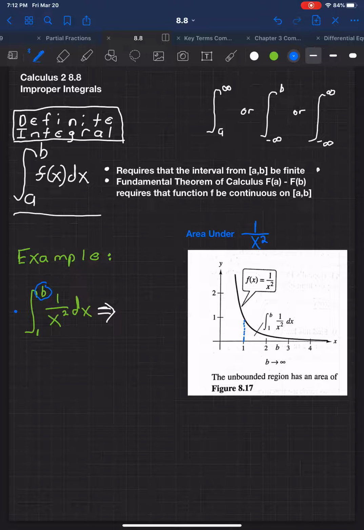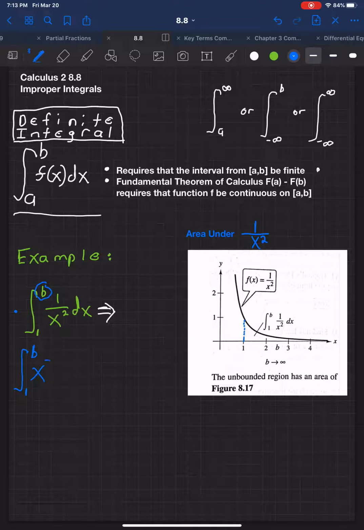So how would that look? Well, let's think about it. Let me start this integration process, and then we'll worry about that b and what that means to us in just a second.